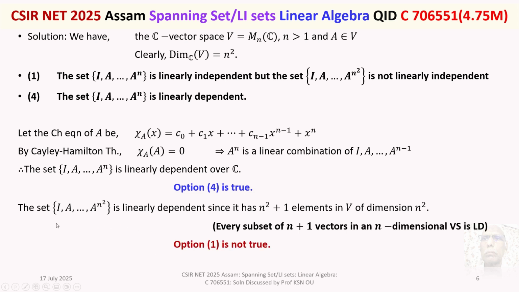Therefore, this is not linearly independent. The set I, A power n is given to be linearly independent, but we have proved that it is dependent. Therefore, option 1 is not true.